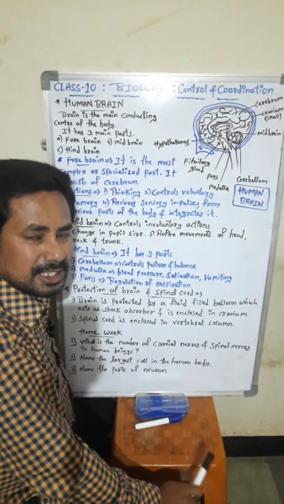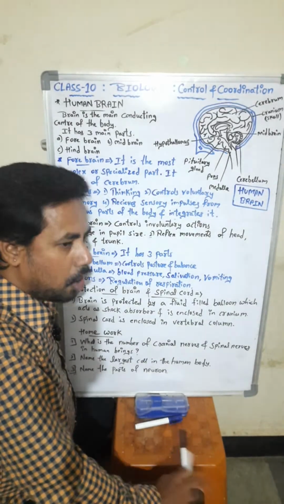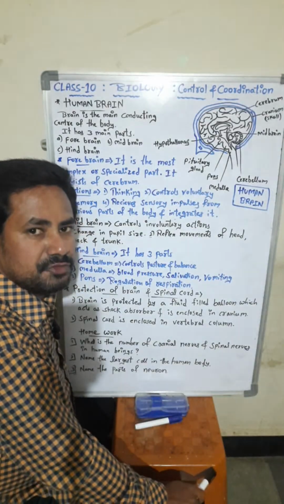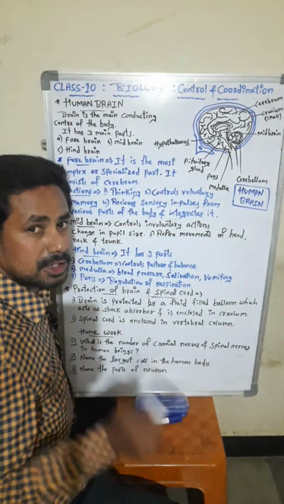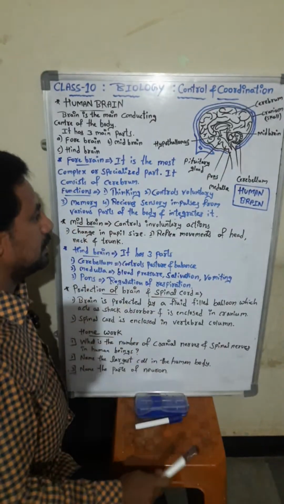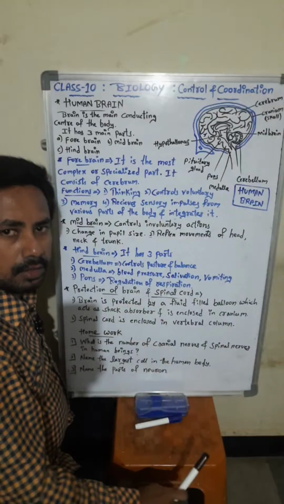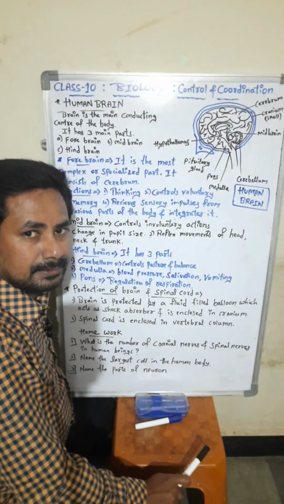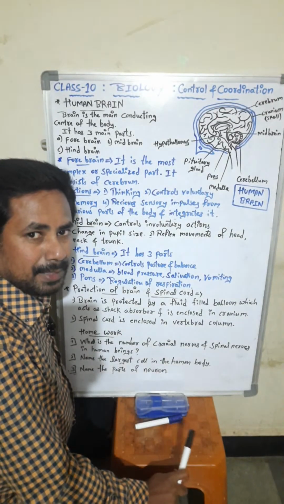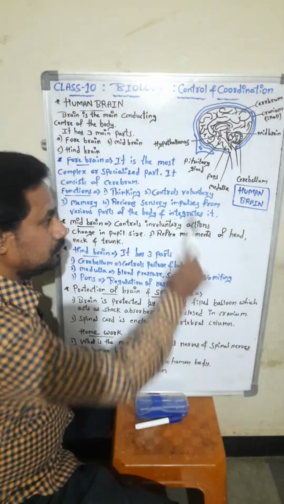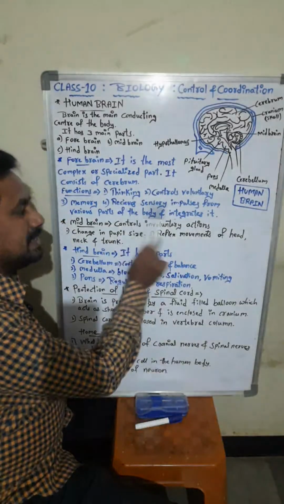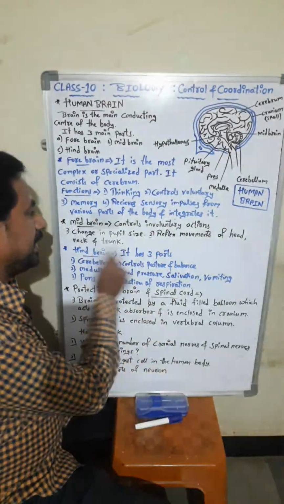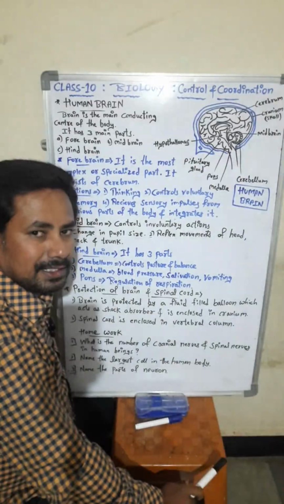Not only smell, but from all five sense organs, whatever information comes to your brain goes especially to the forebrain. So these are the four functions of the forebrain, that is the cerebrum: thinking, controlling voluntary actions, memory, and receiving sensory impulses from various parts of the body and integrating them.